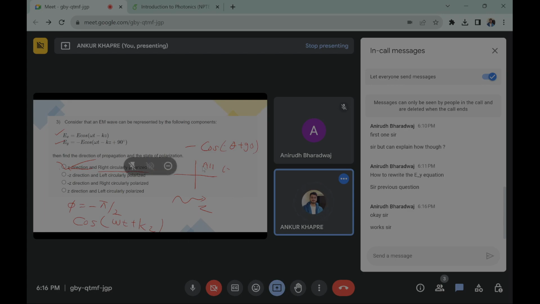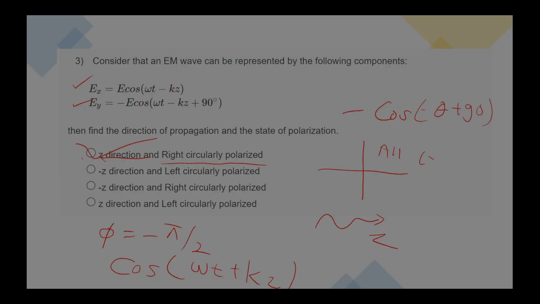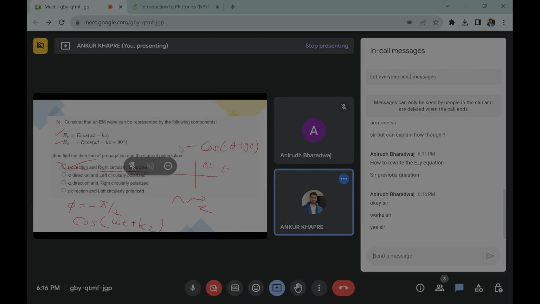Meanwhile, you can also find out why it is happening, what is the formula for that. Some formula is there.